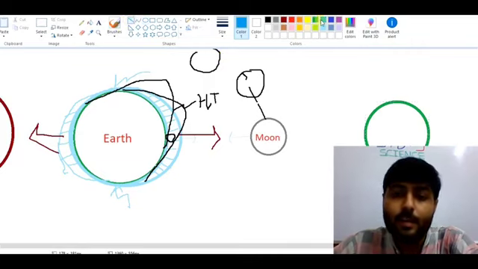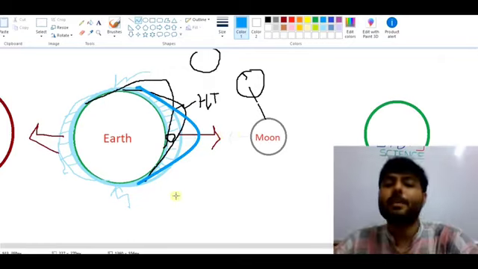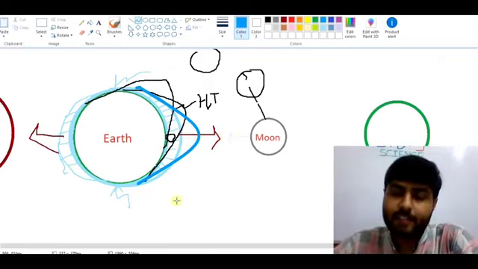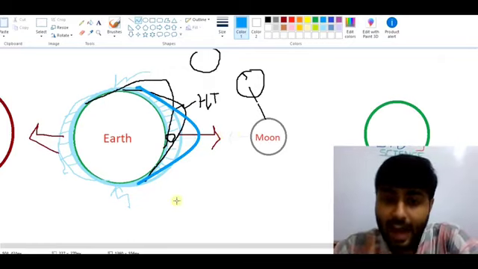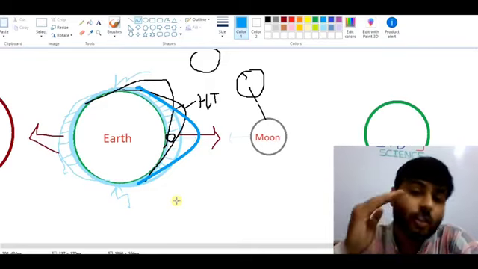This bulge will be largest like this. On that day we have the highest high tide, and on the opposite side the highest low tide.